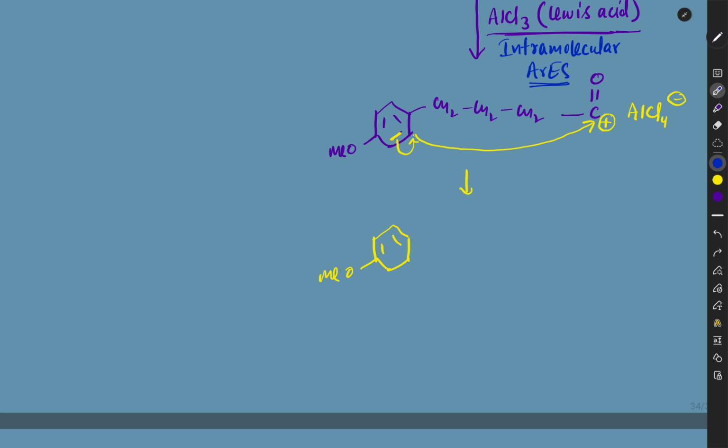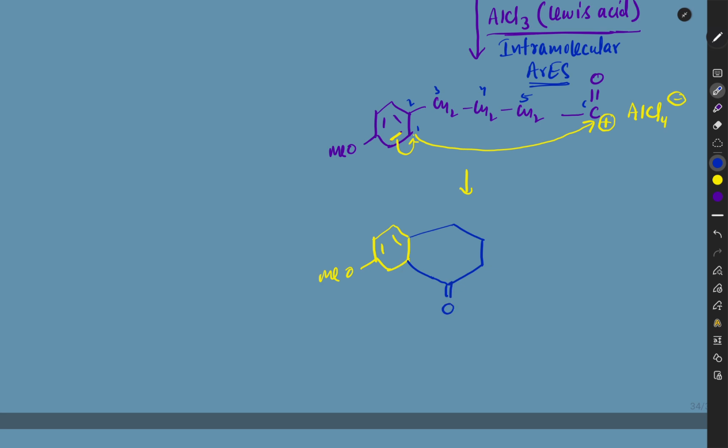Now after this intramolecular attack, there is formation of 1, 2, 3, 4, 5 and 6. A 6-membered ring is formed, right? Now to this carbon center there is C double bond O, obviously.